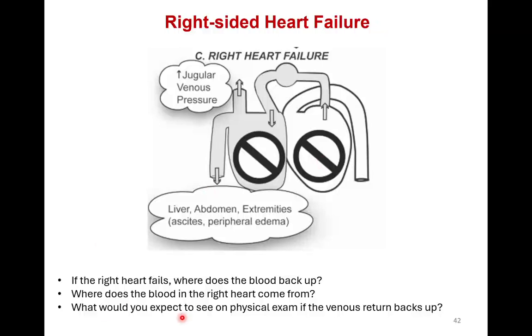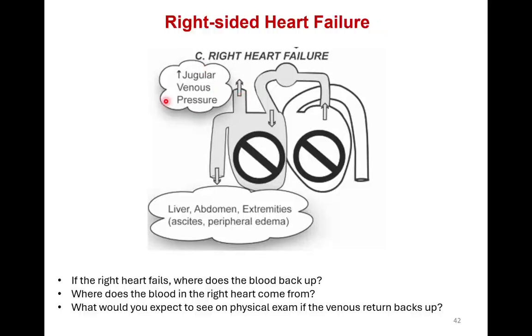You have to think about where the blood is coming from that is going into the right side of the heart. It's coming from the inferior and superior vena cava, right? So the blood is going to back up initially into those two huge veins. But what leads into those veins? The jugular vein leads directly into the superior vena cava.